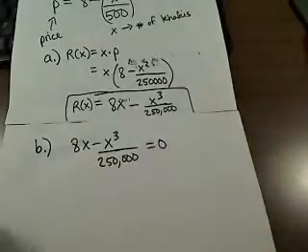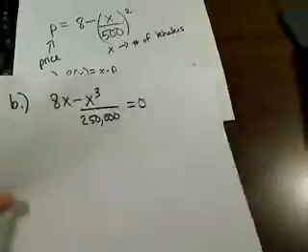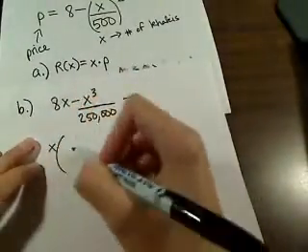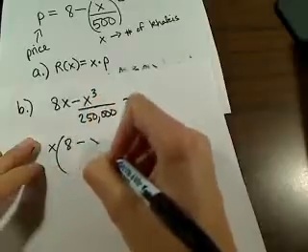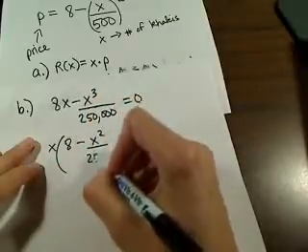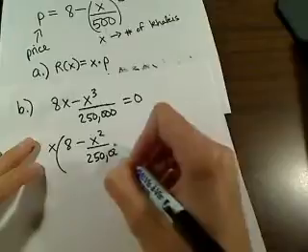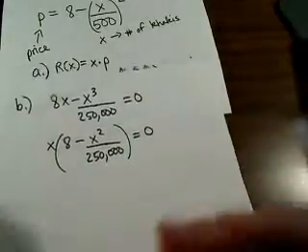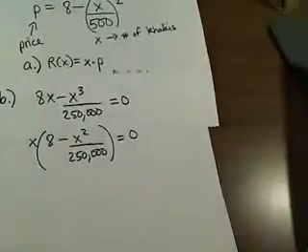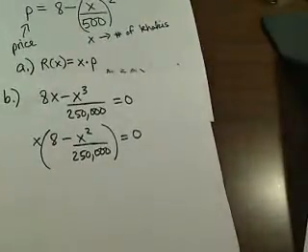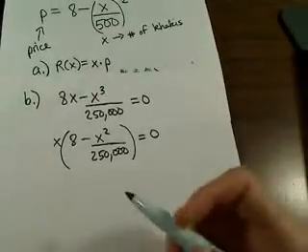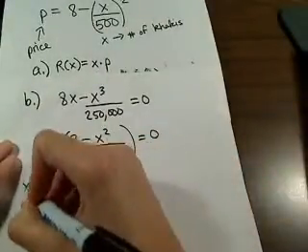So we'll start by finding the zeros. I'm going to factor x out here, and we're left with x times 8 minus x squared over 250,000 equal to 0. We're setting both of these pieces to 0.